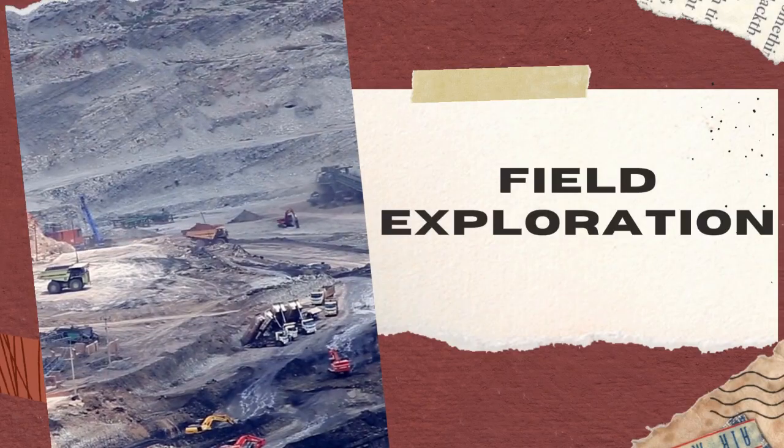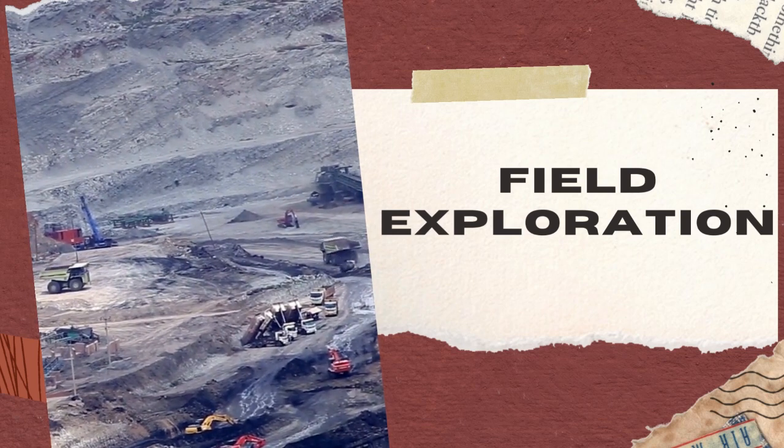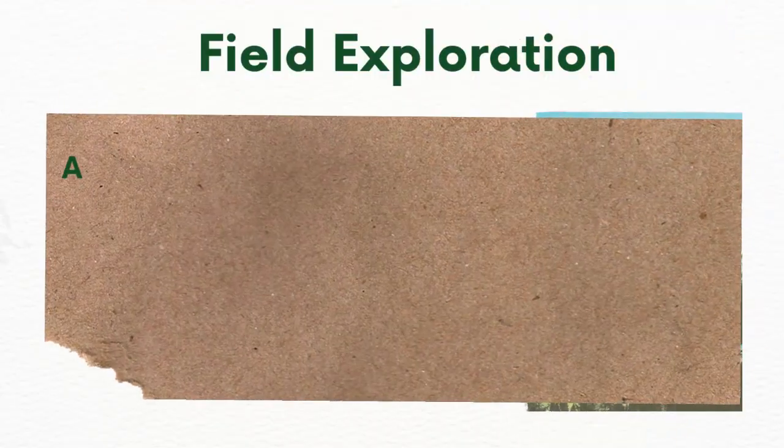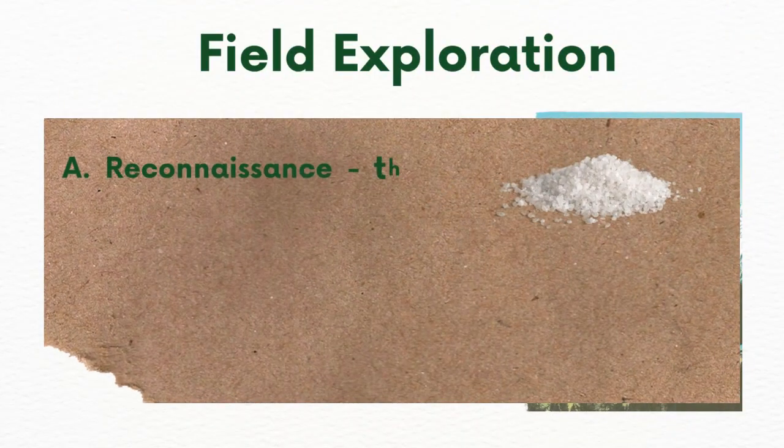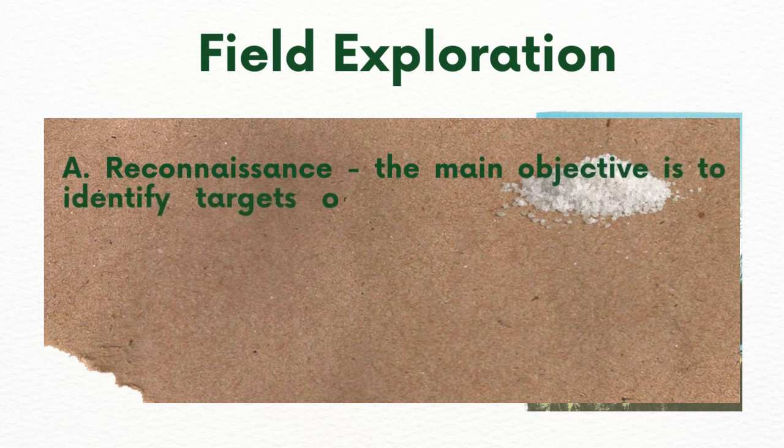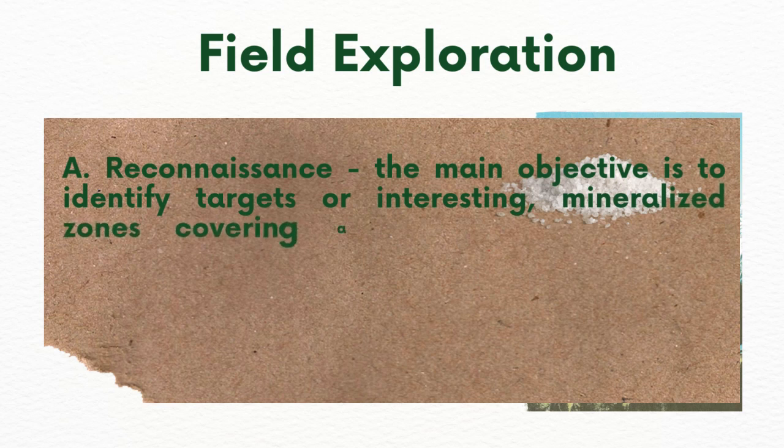Field exploration. This stage involves physical activities in the selected project area. This can be subdivided into 3 phases. A. Regional reconnaissance. The main objective is to identify targets or interesting mineralized zones covering a relatively large area.